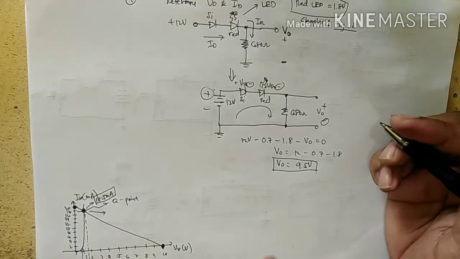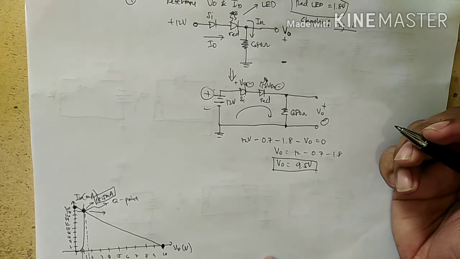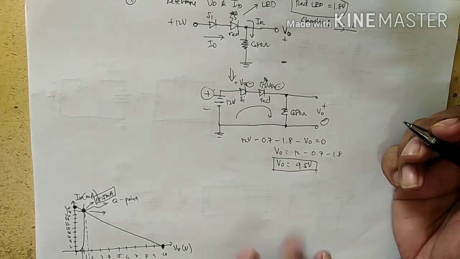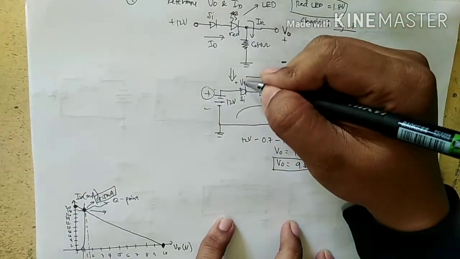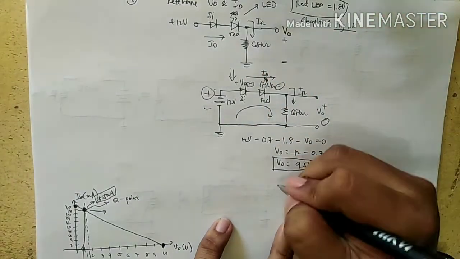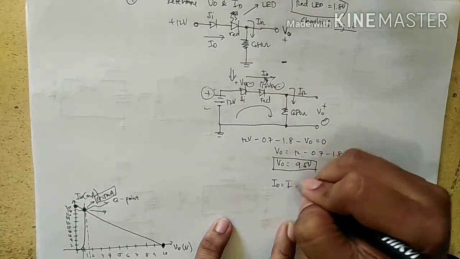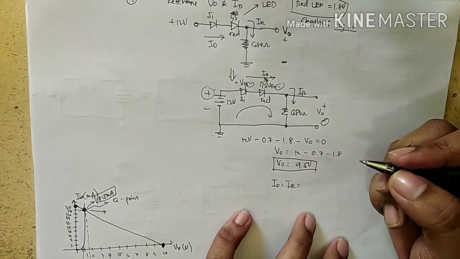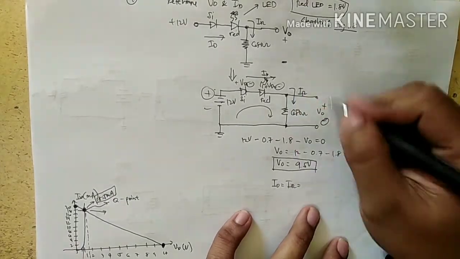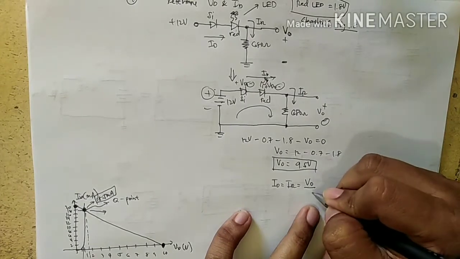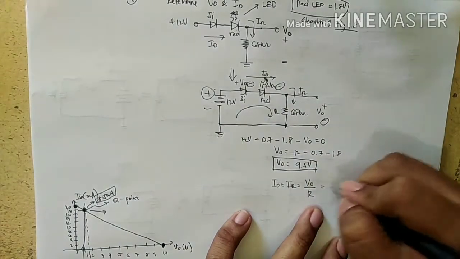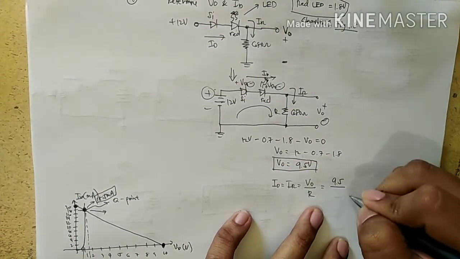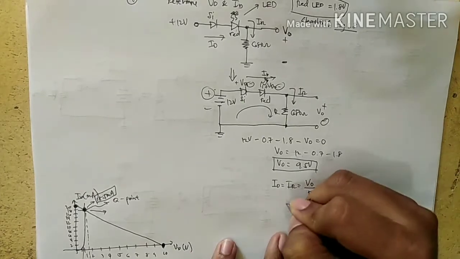How about the current? The current here, ID, is what we are looking for. Since the diode and the resistor are in series, ID is equal to IR. Use Ohm's law: Vo divided by the resistor R. So Vo is 9.5 divided by 680.